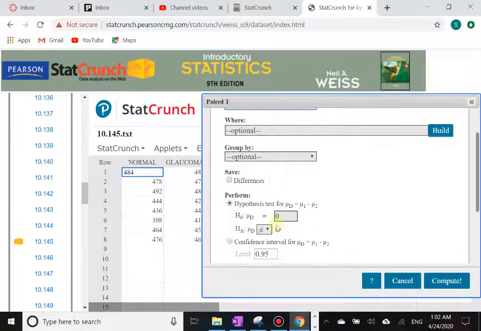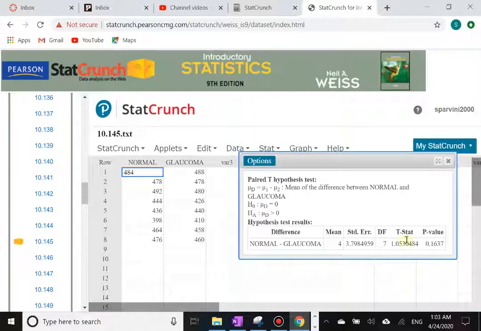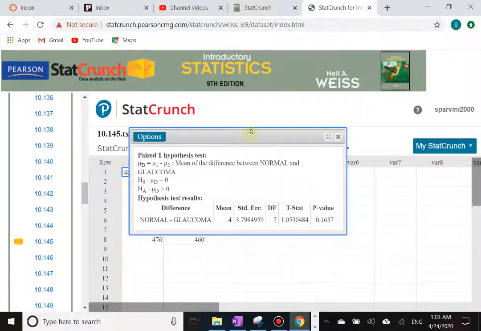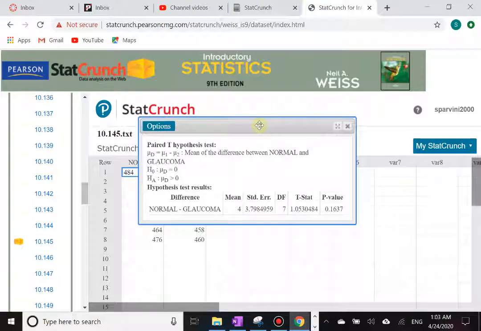Now, let's see. Our hypothesis test here, we said we want positive, right? Greater than means thicker corneal thickness for the normal eye. Greater than, and compute. And this is how I got the output that you saw in my notebook. Our p-value is 0.16. And the mean, by the way, notice mean is 4.